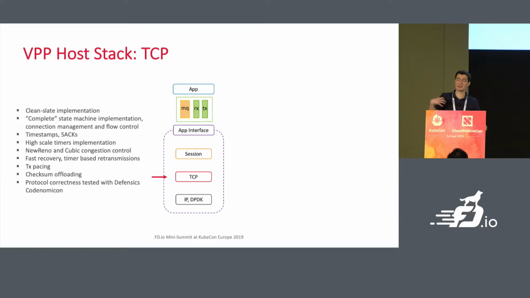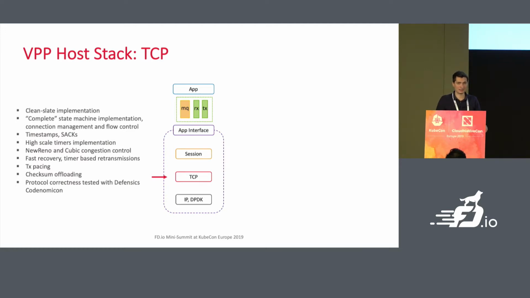But now coming back to TCP. TCP is actually a clean slate implementation. We started from pretty much nothing, and we tried to optimize it for VPP with the goal here of getting the maximum possible performance.